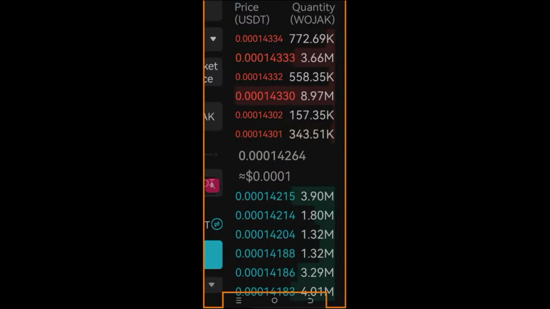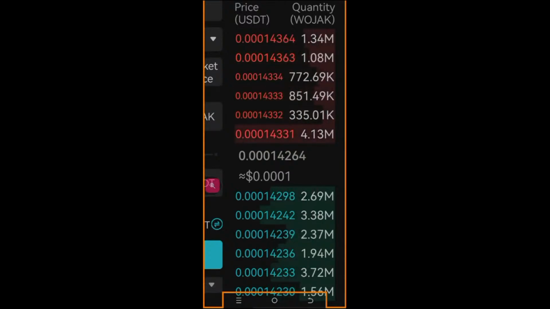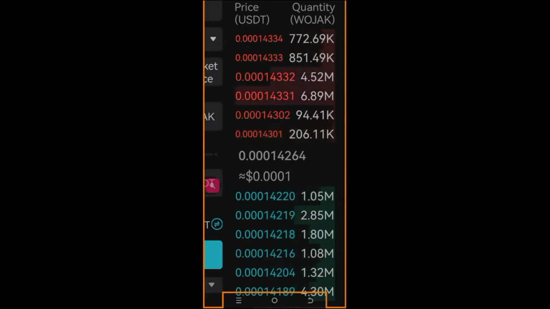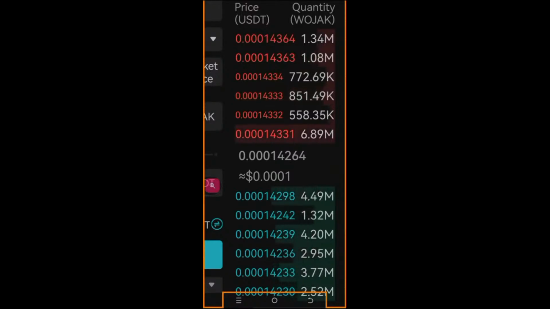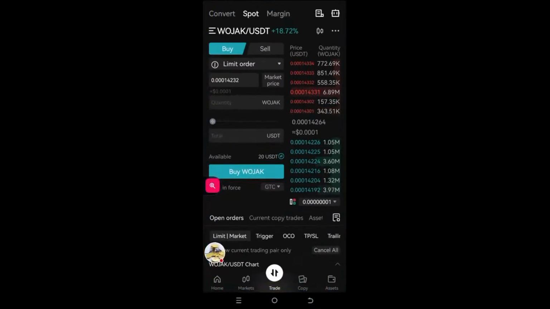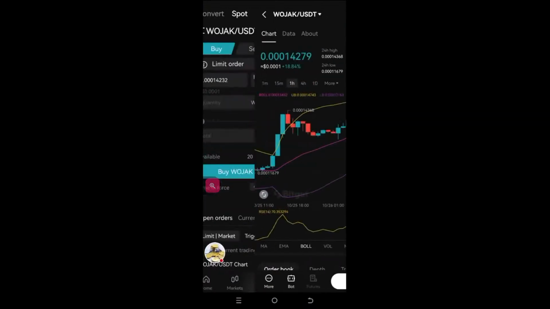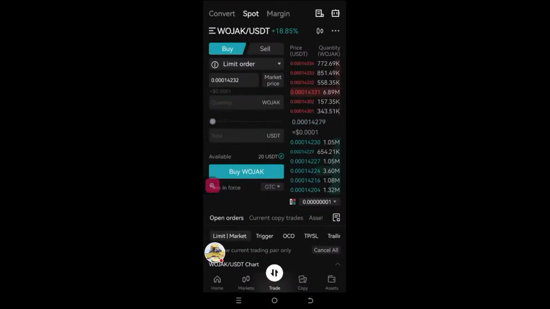For us to buy this, we have to buy it at 14302, 14301. Wow, look at it. That's the only way we can get it in the pot. It's expensive right now, but that's the only way we can get it bought.